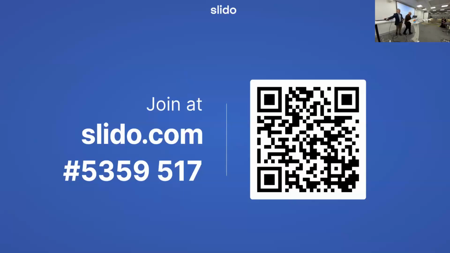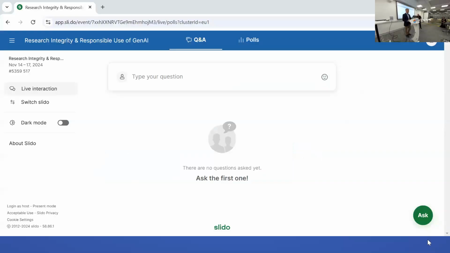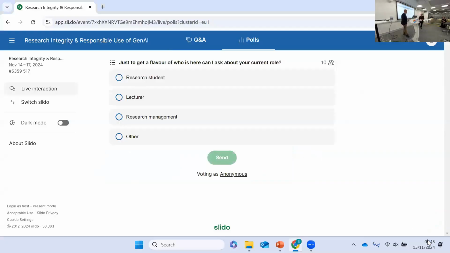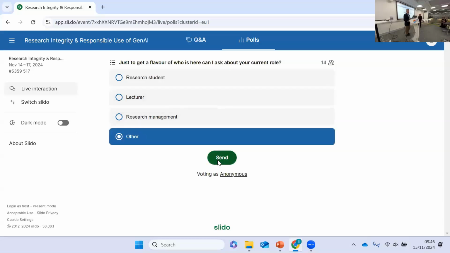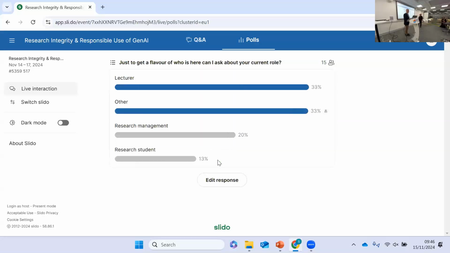So of course, we just get a sense of where people are at. What is your current role? Let's see who's here. This just helps us get a sense of who we have in the room and who is online, and it helps inform the speakers as well.